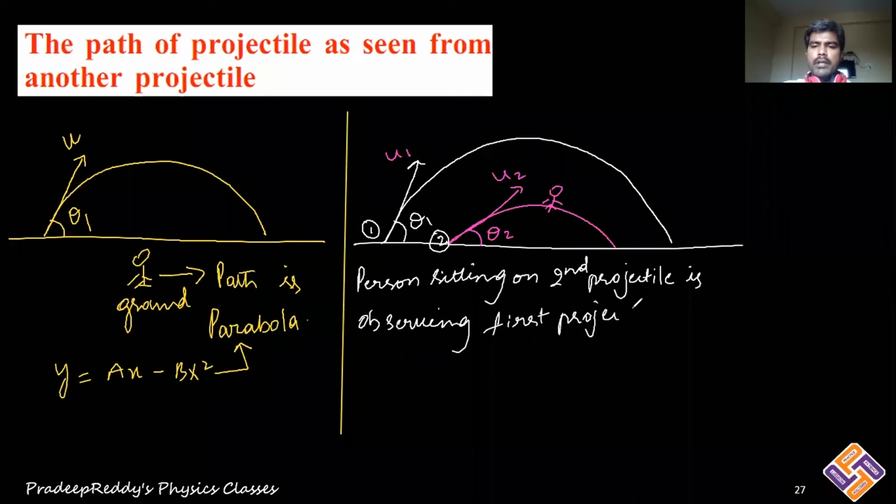Now this is relative motion, because the observer is moving, and the projectile is also moving. Therefore, here we need to consider relative motion between the observer and the projectile.